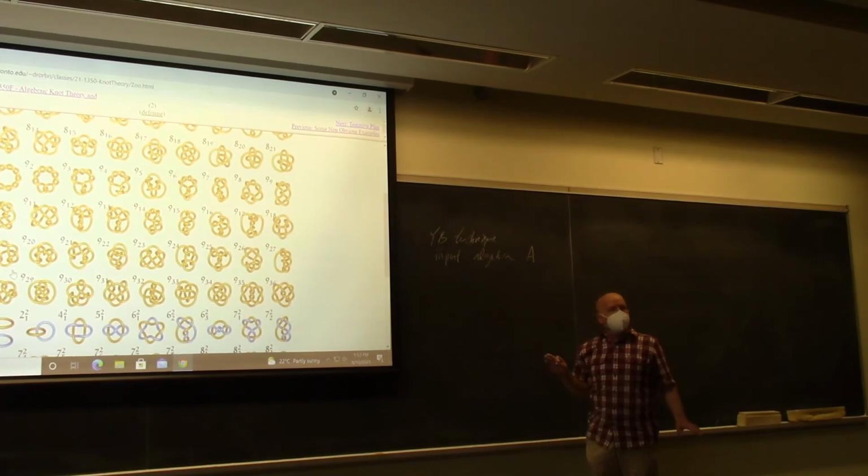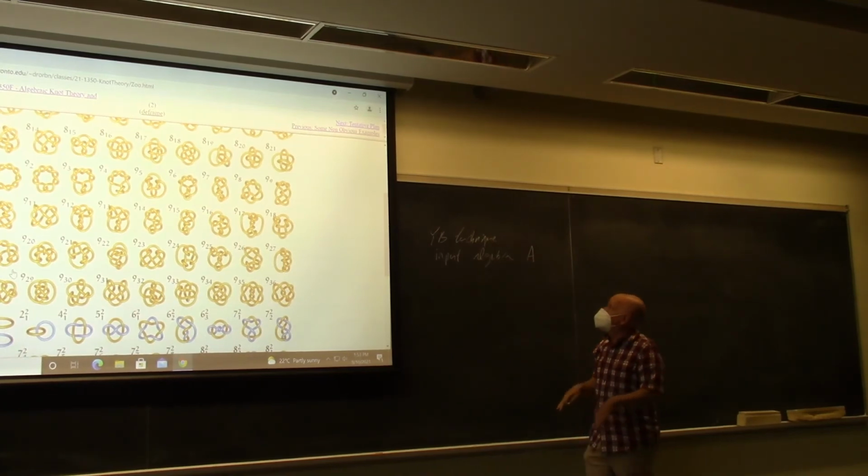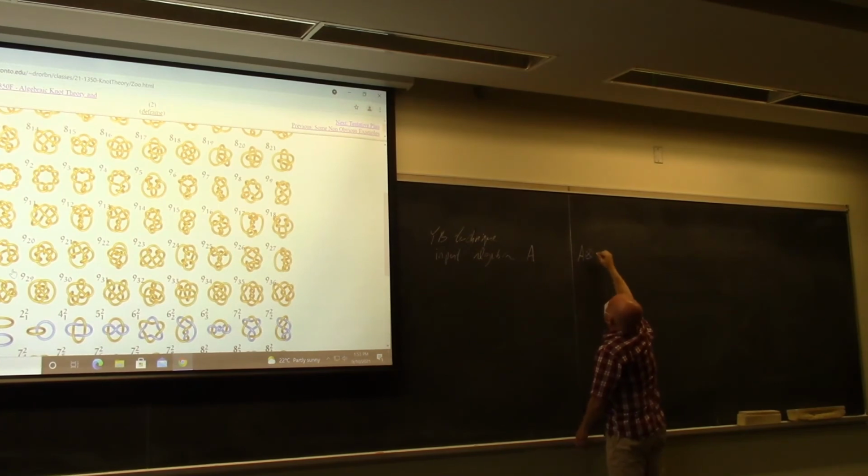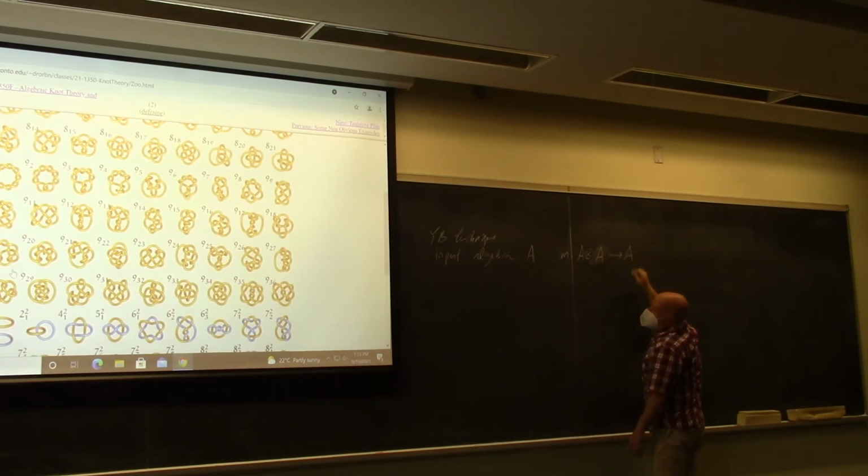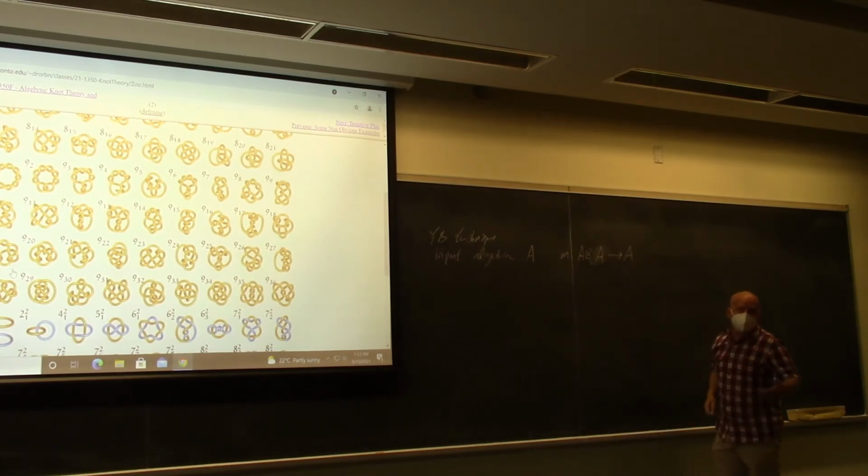Do we all know what's an algebra? So an algebra is a vector space that also has a multiplication operation. So basically it's a vector space A along with a multiplication map from A tensor A into A, which satisfies some conditions. It's associative, it has a unit maybe.